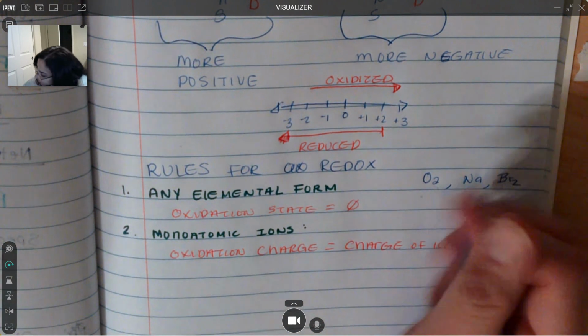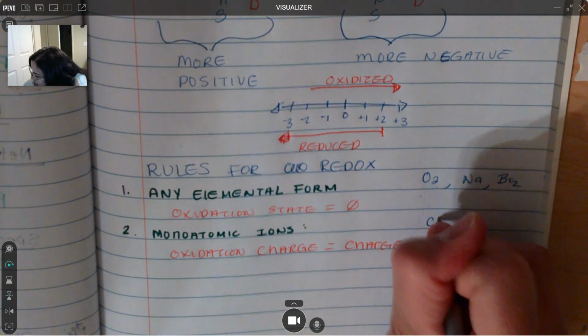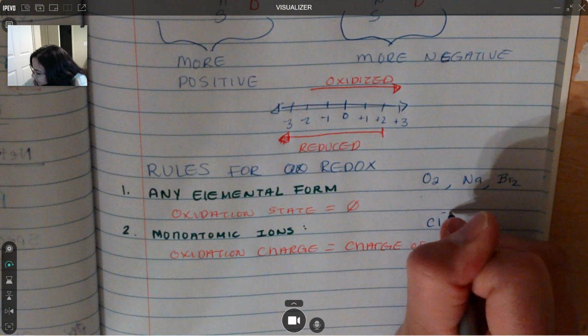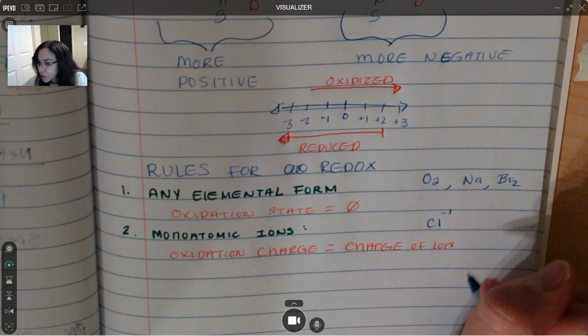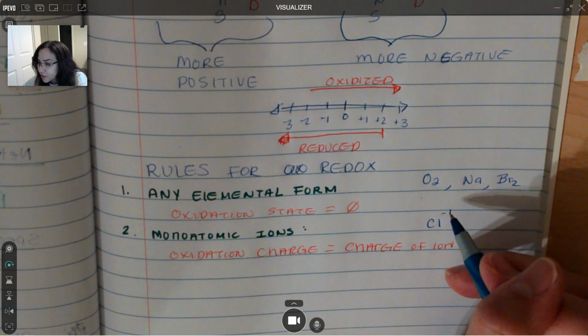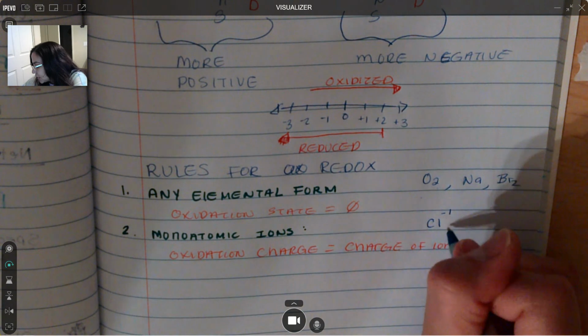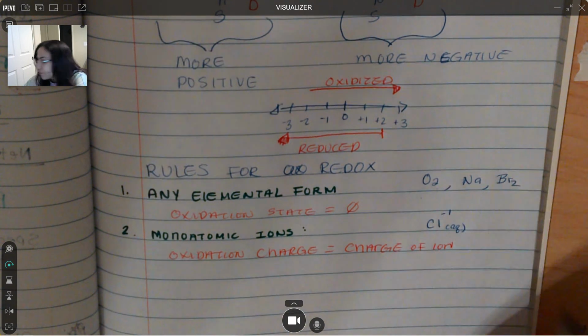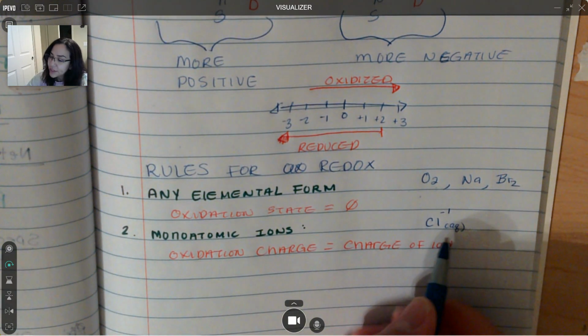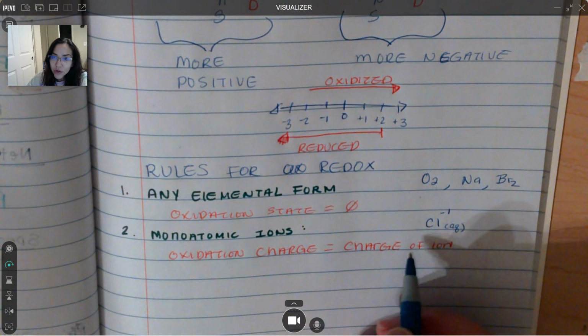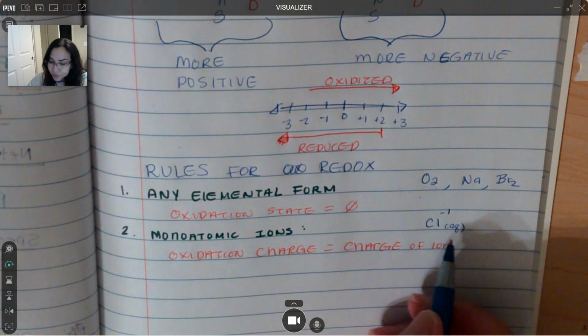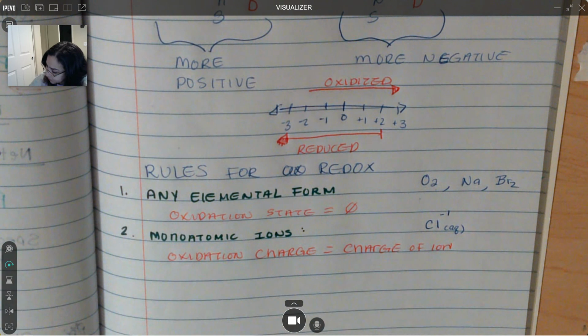So the example I have here is chlorine. If chlorine loses an electron and gets a -1 charge, then its oxidation state is also going to be -1 in its aqueous state. Ions are usually found in aqueous states.